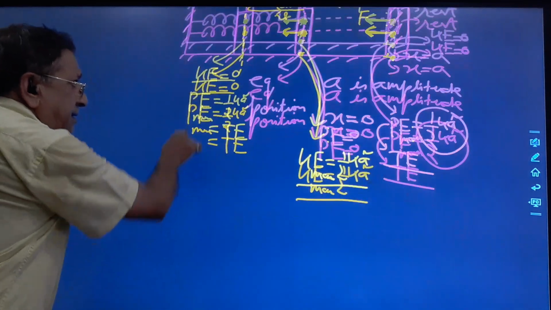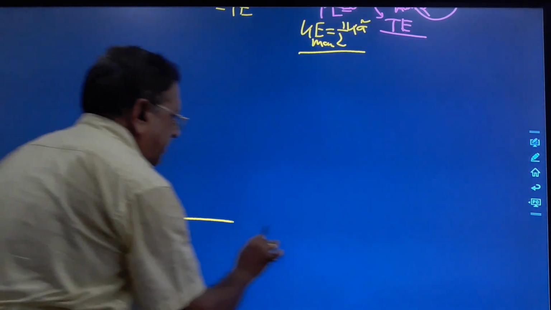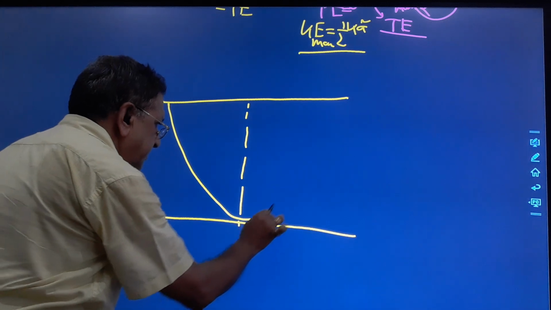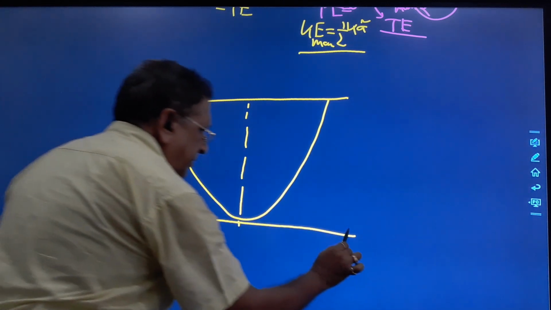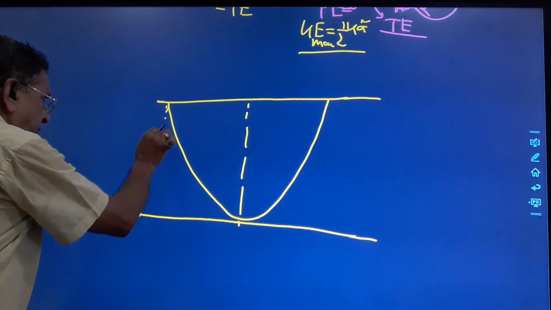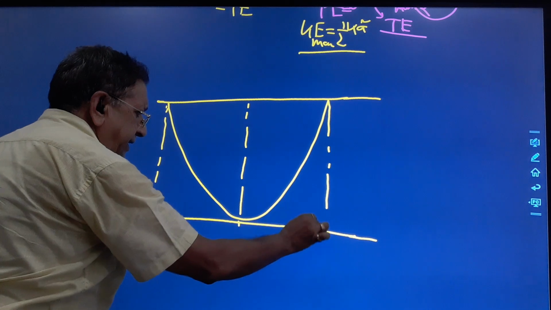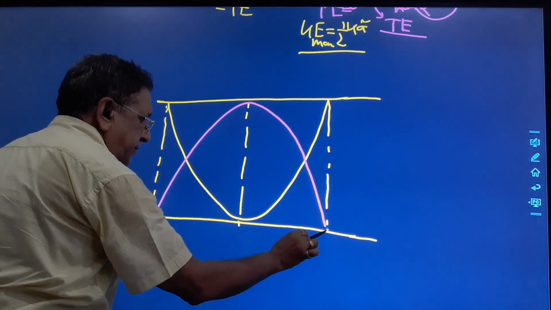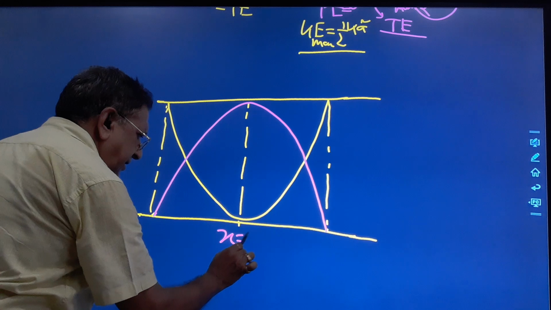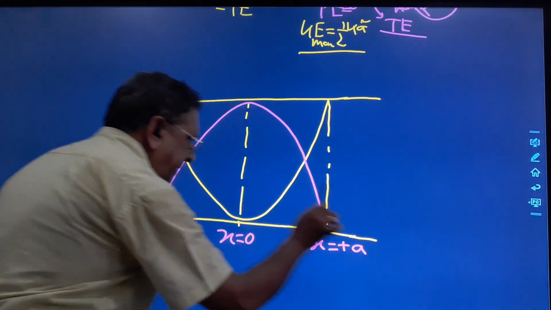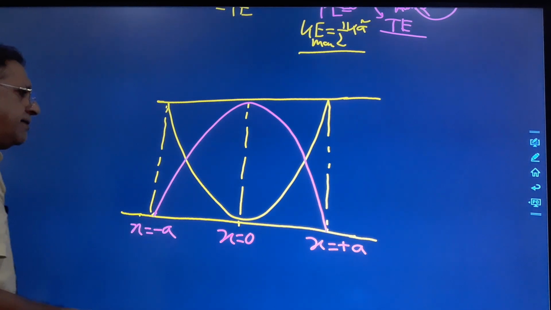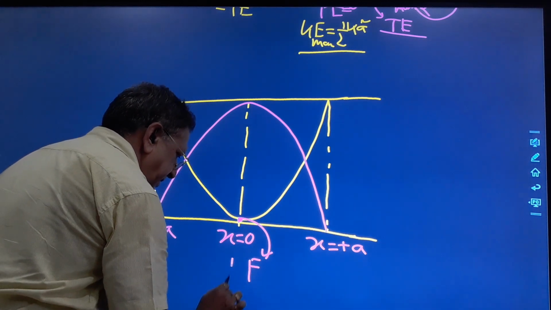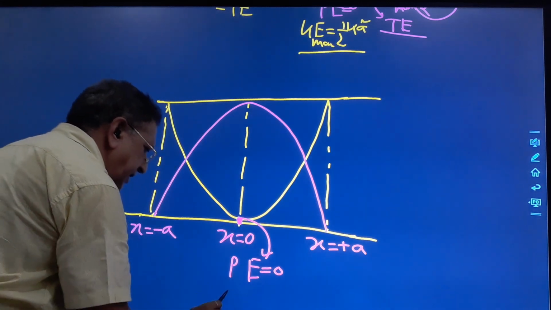Now for the energy graph of kinetic energy and potential energy: here x is equal to 0, here x is equal to plus A, here x is equal to minus A. At x is equal to 0 the potential energy is 0.